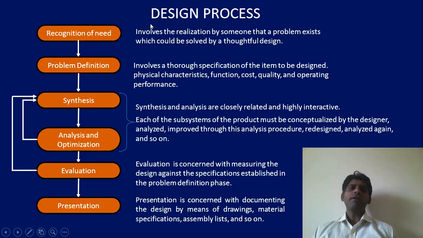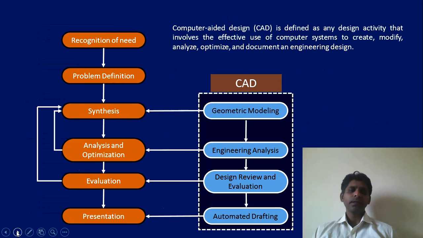So we now have a general idea about this design process, and we also discussed a little bit about this CAD, right, and how this CAD can be used to increase the productivity and how it can be applied to this design process.